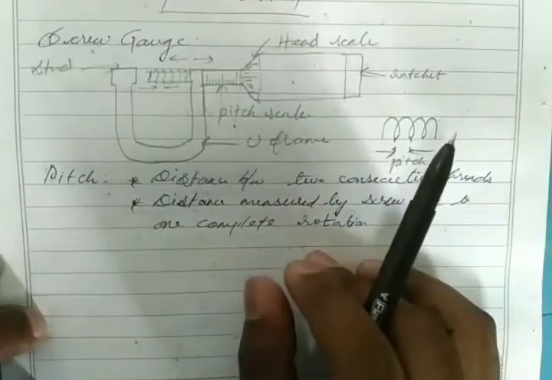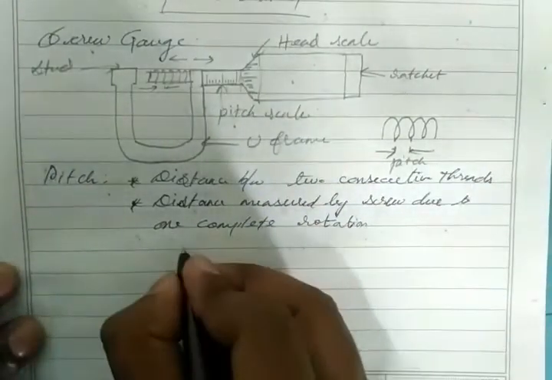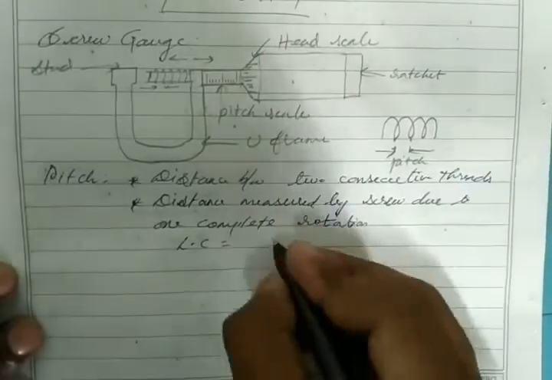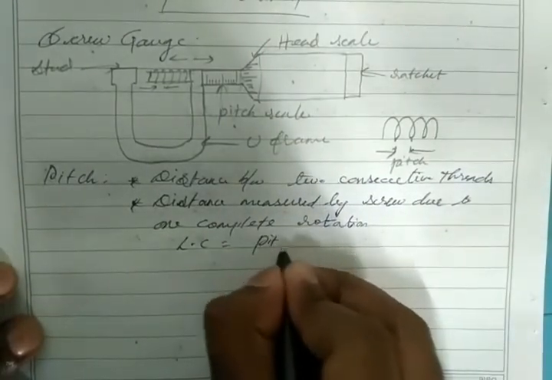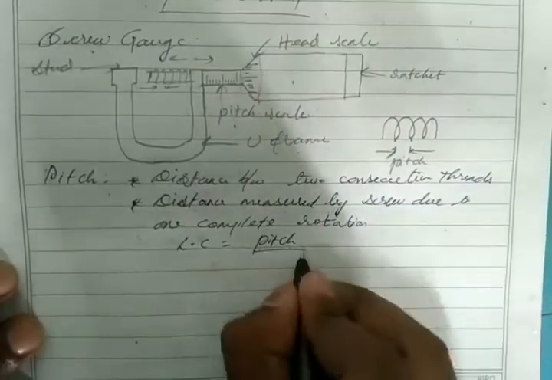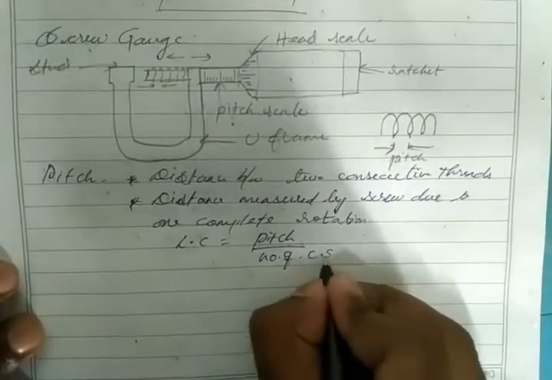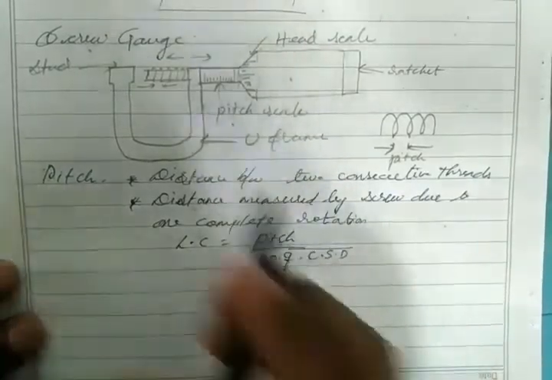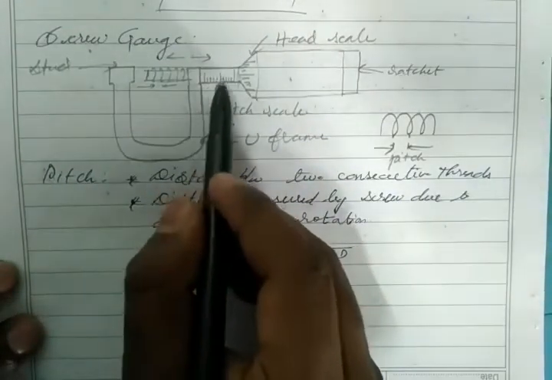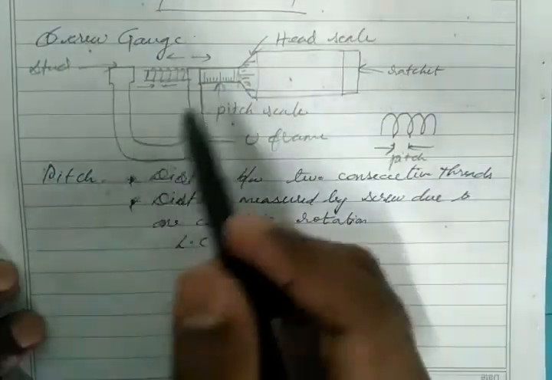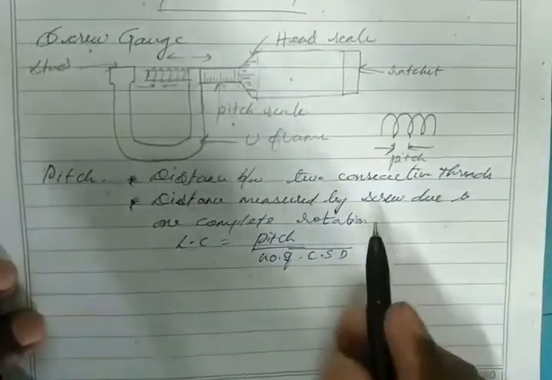Both are definitions of pitch. Here the least count of screw gauge will be pitch divided by the number of CSD. Here CSD means circular scale divisions. This is our circular scale, which has some divisions.